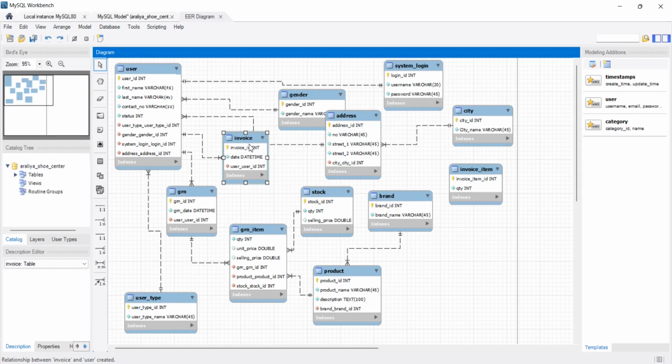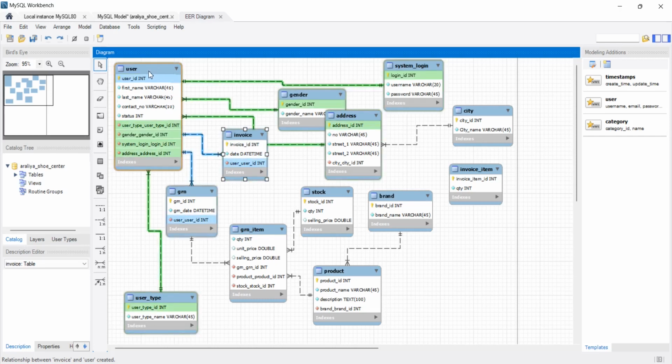So if we consider this relationship, one user can have many invoices and one invoice can only be applied to one user only. So it is a one-to-many relationship.